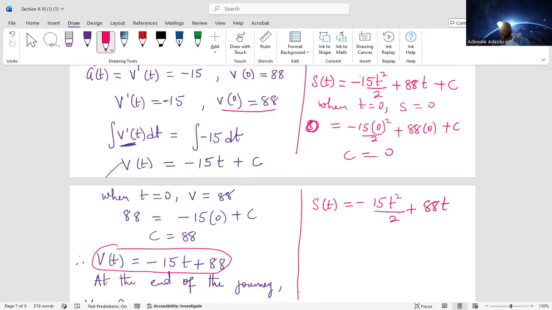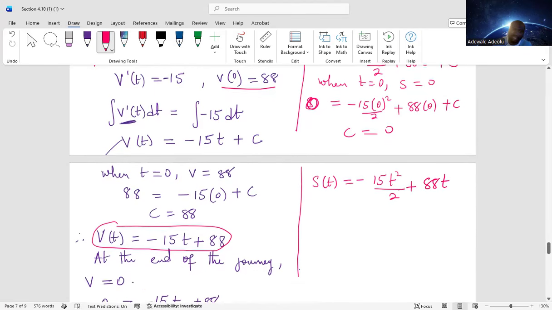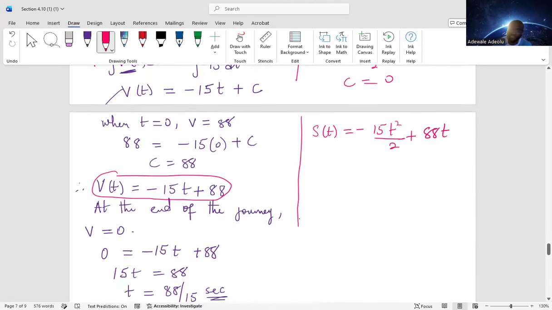So the question of how far: we know the time taken is 88 over 15 seconds. So s of 88 over 15 is just plugging in the time: negative 15 times 88 over 15 all squared over 2, plus 88 times 88 over 15.